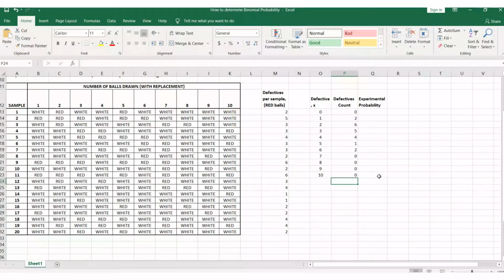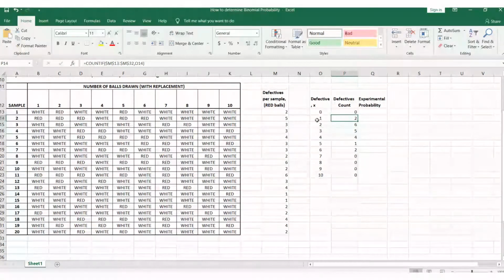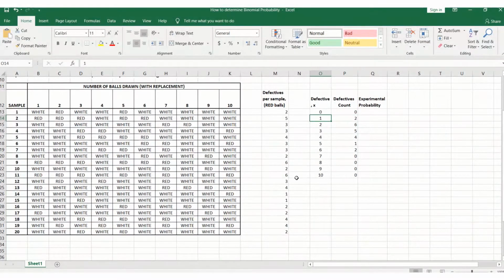You can see how many instances there are with exactly 1 defect. 1 has come 2 times, and 2 defects has come 6 times. So this has counted the defective count: exactly 0 defective 0 times, 1 defective 2 times.